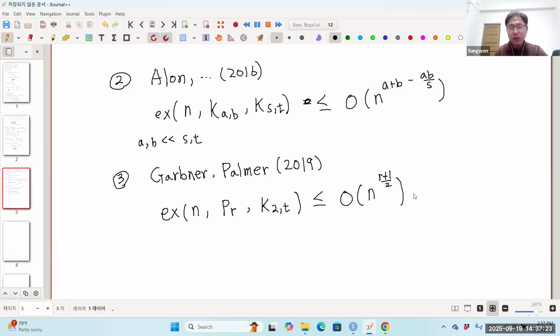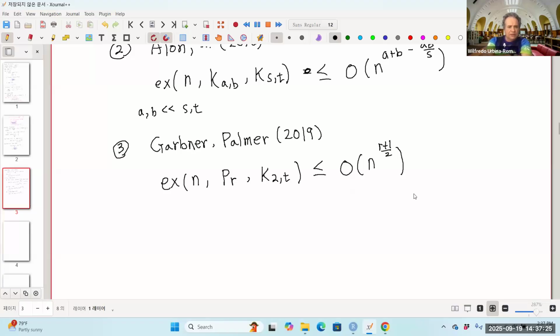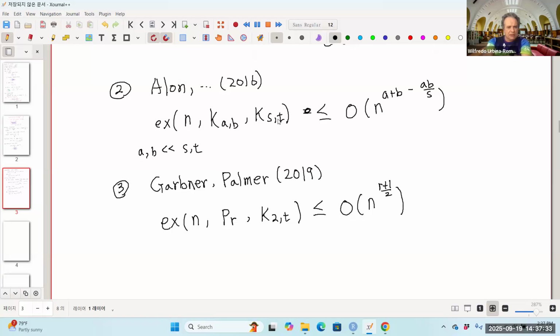Someone asks: in that case, you say A and B are much smaller than S and T. That's right. But you are avoiding K_S,T in your graph, right? That's right.